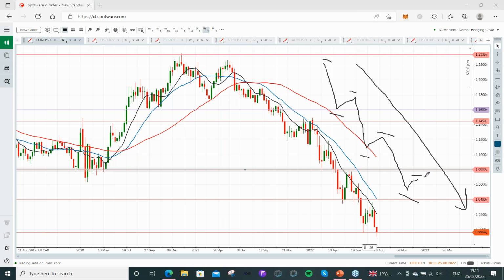Now, in a trend trading strategy, perhaps we've analysed the market and concluded that there is a downtrend. We want to be short in this market. We want to take trades to the downside. Perhaps we have a fundamental bias to the downside as well. I'm not going to discuss fundamentals in this particular webinar, but for whatever reason, we want to trade short.